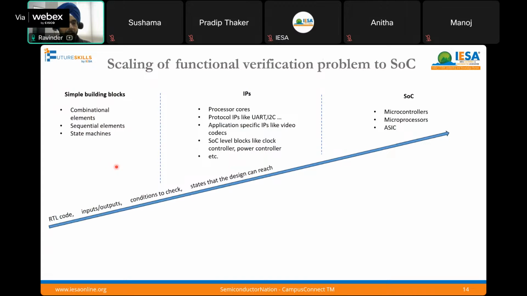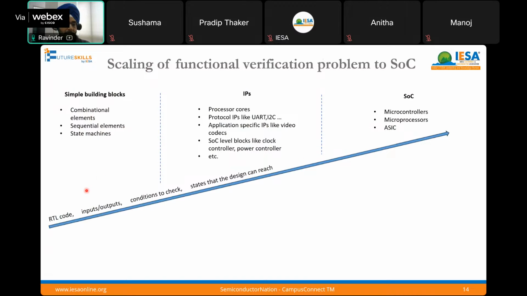We start simple in creating an SoC, with building blocks like combinational elements, sequential elements, state machines, etc. Then we create IPs out of them, which could be simple or complex IPs, processor cores, very complex IPs, and other IPs like UART, I2C, etc. These are created from simple blocks, and then IPs are integrated to create SoCs serving a particular purpose, which could be microcontrollers or microprocessors or application-specific ICs.